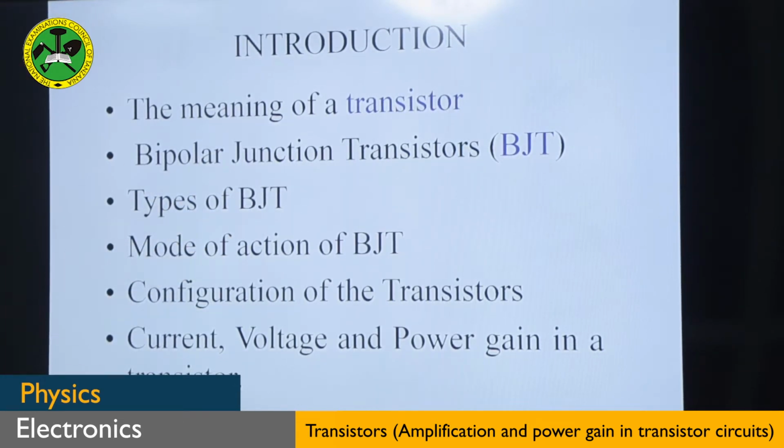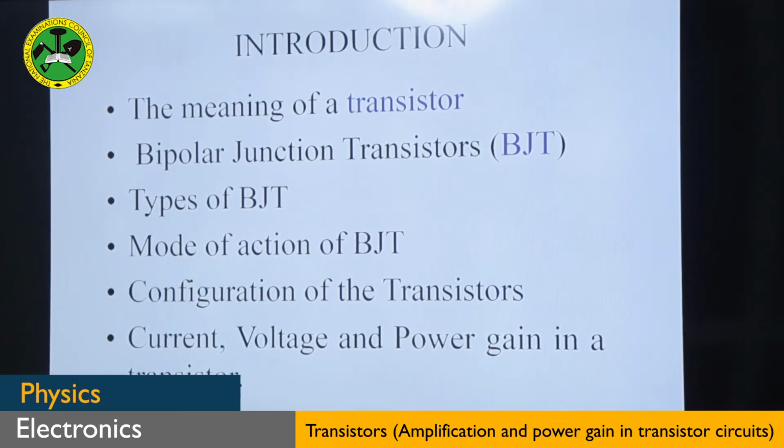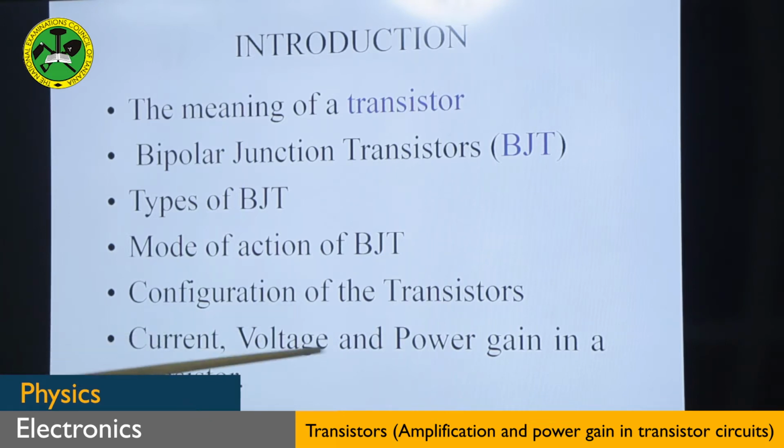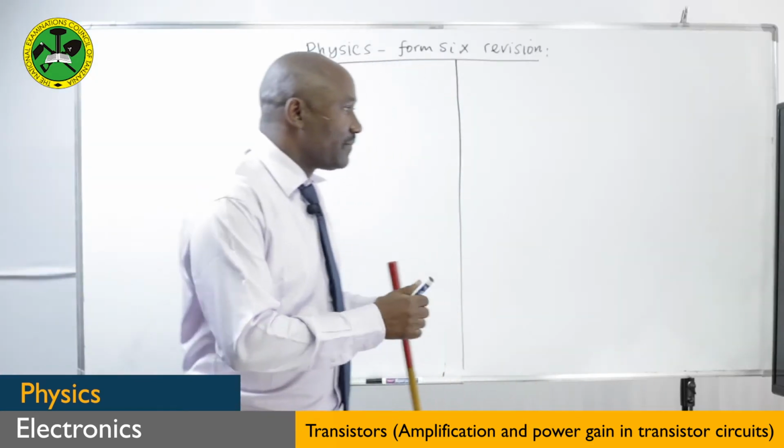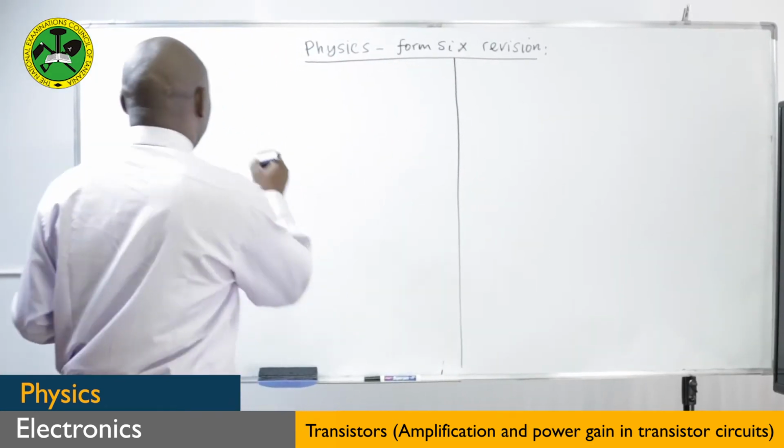What are the types? How do these transistors operate? The mode of action of a transistor. What are the configurations of transistors? And lastly, we shall be able to find the current, voltage, and power gain of a transistor, which is the main subtopic of today. Now, let's start from the transistor itself.